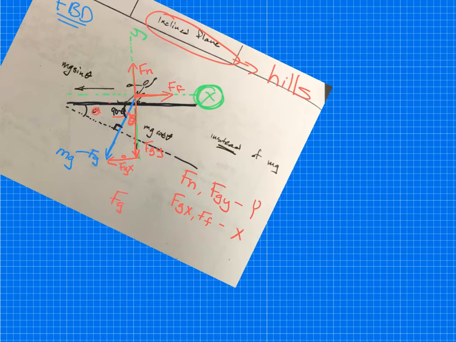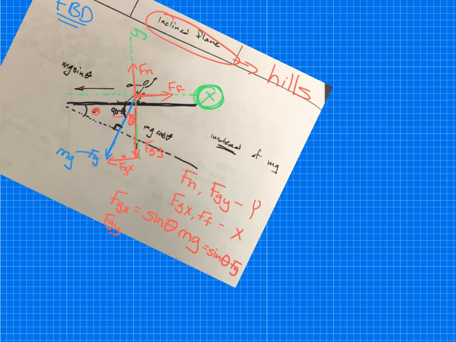So force of gravity x will always be sine of theta, the angle of the hill, times the hypotenuse. And what is that hypotenuse again? The hypotenuse is actually the force of gravity. So essentially, it's m times g. Now, if you've already calculated the force of gravity, you could also say that it equals sine of theta times Fg.